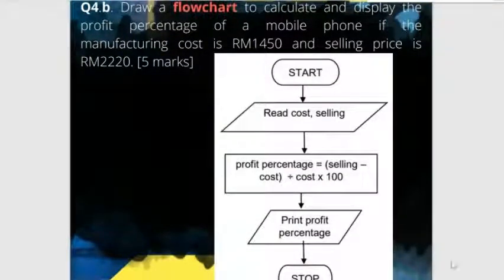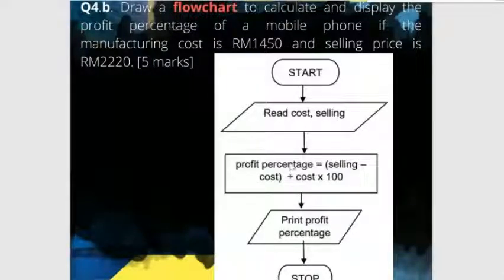All right. You can use input names such as manufacturing cost or selling price, or you can simplify it by writing cost and selling. It is understandable since the name here is selling price. So the output is we want what? Profit percentage.